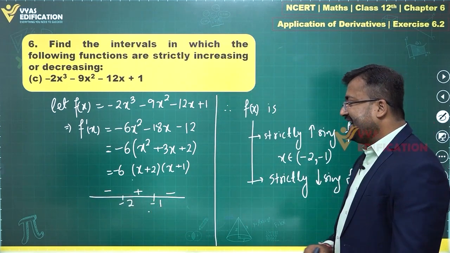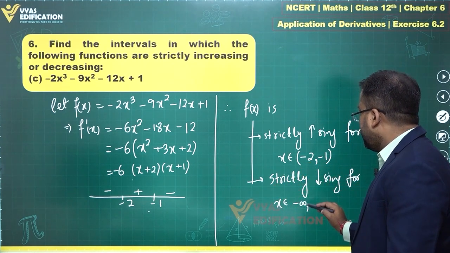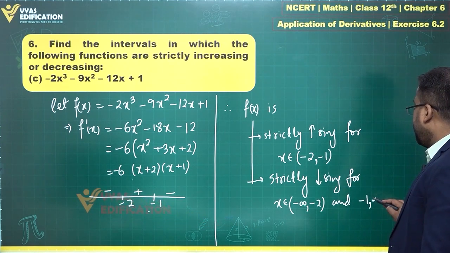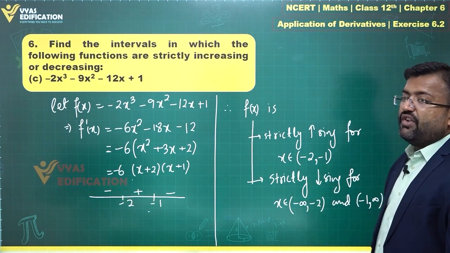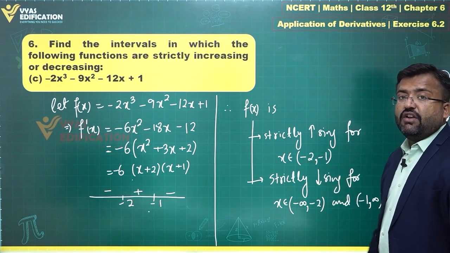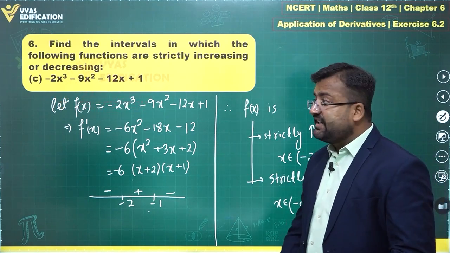So f(x) is strictly decreasing for x belongs to (minus infinity, minus 2) and (minus 1, infinity). These are the intervals for which the function is strictly decreasing. This is the interval for which f(x) is strictly increasing. This is part C.